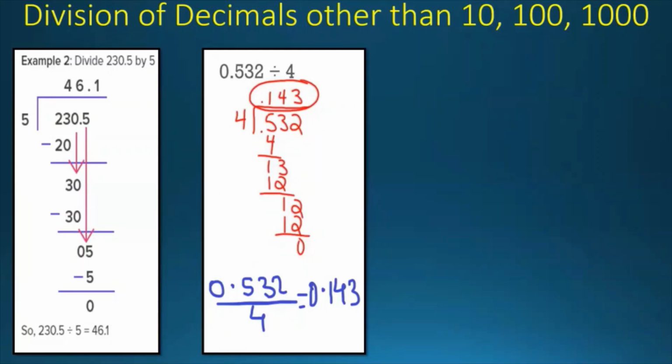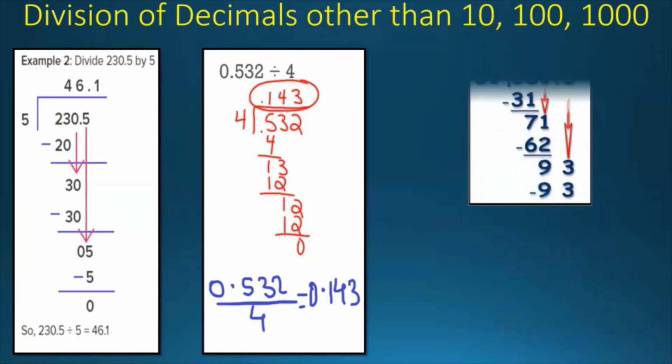We don't need to multiply, and there is no necessity of multiplying. As we cannot divide 0 by 4, we'll put 0 point and then write the answer. 532 divided by 4 is equal to 133. So 0.532 divided by 4 is equal to 0.133.